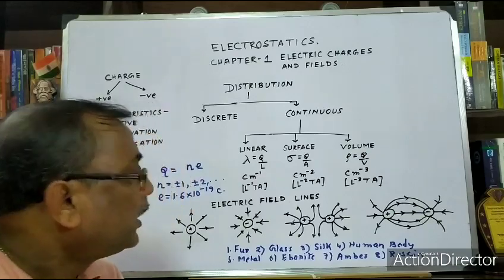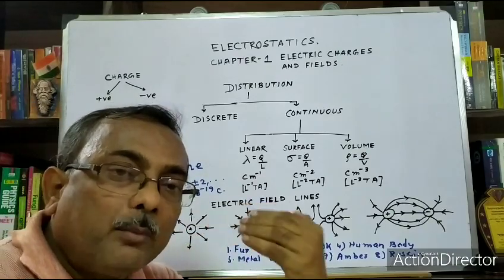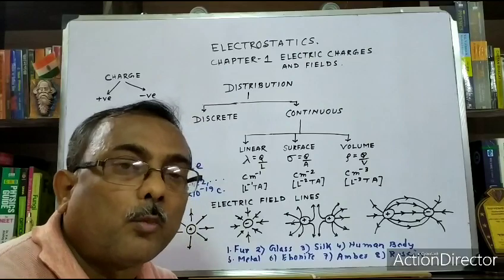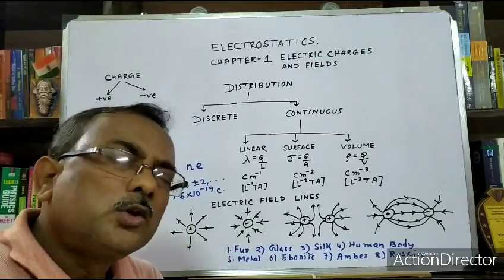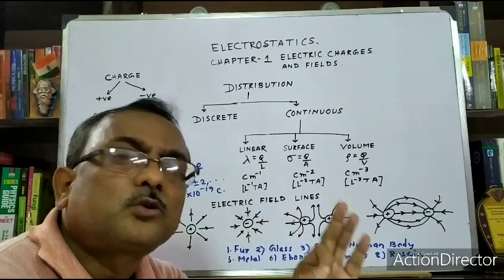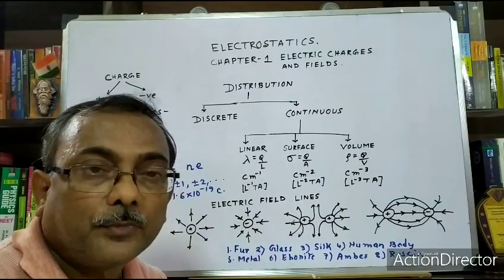Why? When some number of electrons are transferred from one object to another, maybe very small, these electrons have mass.